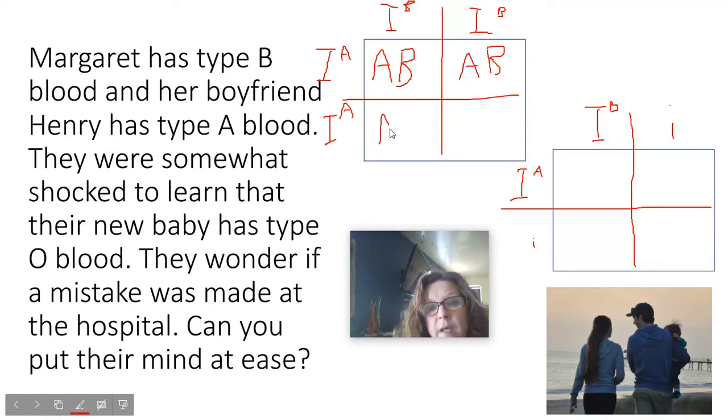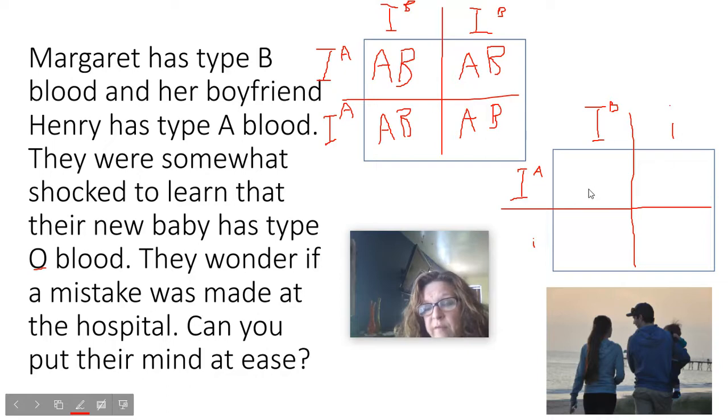Okay, so A, B here, and A, B here. So if they are both homozygous dominant for their blood types, then we can see there's 100% chance that their child would have AB blood. That's not type O, so that wouldn't be good.